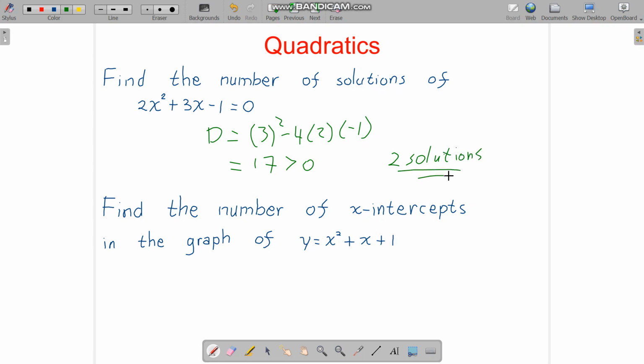Find the number of x-intercepts. X-intercepts means y equals 0, so this equals 0. Again, we use the discriminant formula, b squared minus 4ac. We get 1 minus 4 times minus 3... smaller than 0, so we have no solutions, or no x-intercepts.